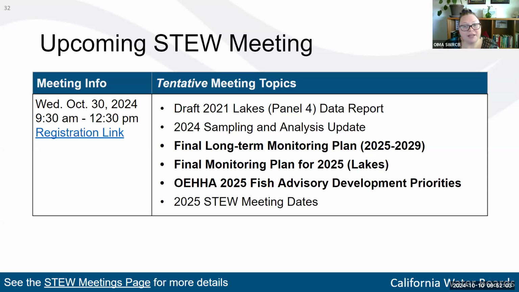Our final monitoring plan for 2025, where we'll be starting to fill in data gaps in lakes and reservoirs based on the feedback that we've received over the last year or so. And our partners at the California Office of Environmental Health Hazard Assessment, or OEHHA, will share how they develop advisories and their priorities for the next year. They might solicit feedback from meeting attendees.